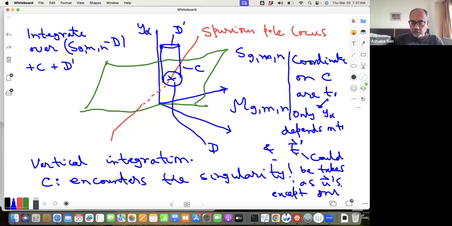So the number of T prime is essentially the dimension of SGMN minus one, because C has the same dimension as SGMN. Basically you have frozen the moduli on a codimension one subspace, at the boundary of the disk.